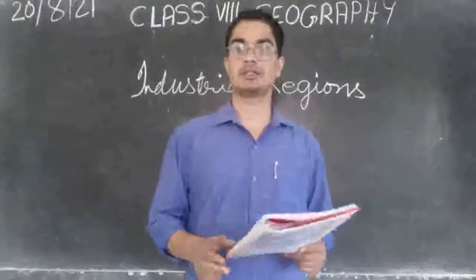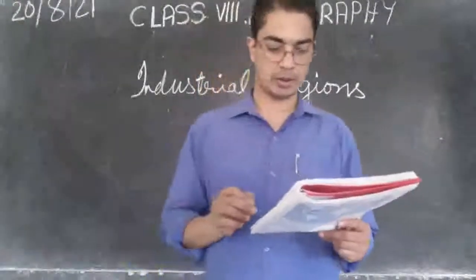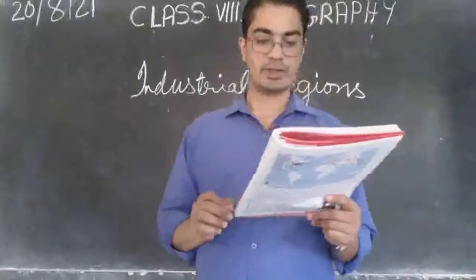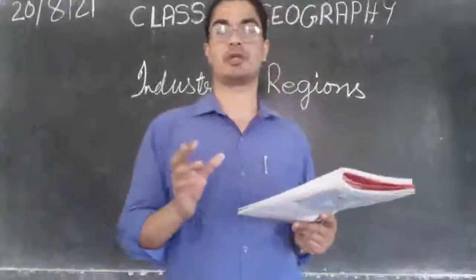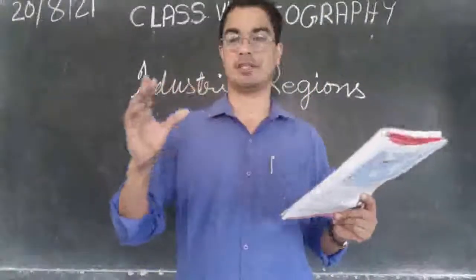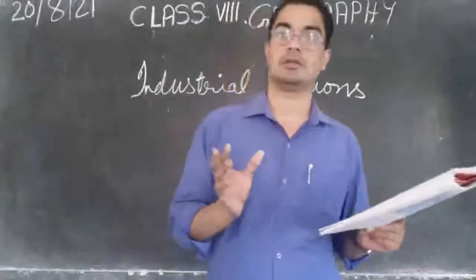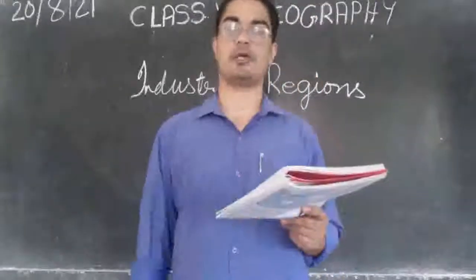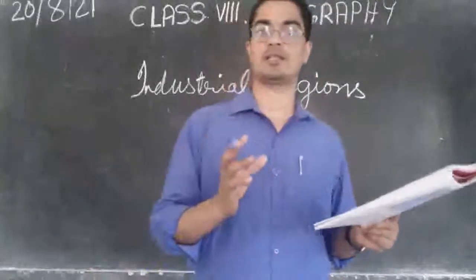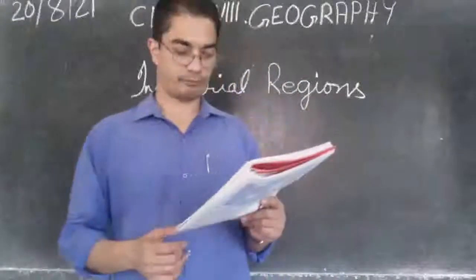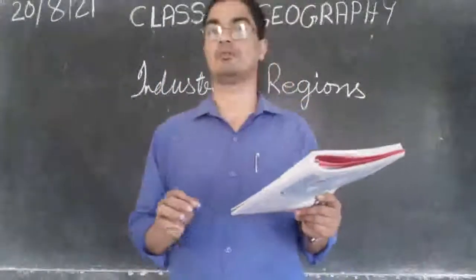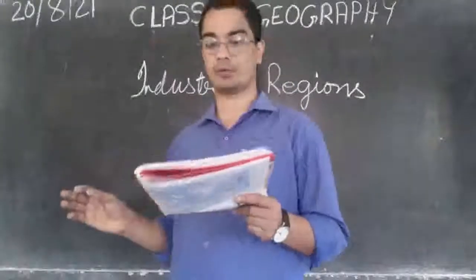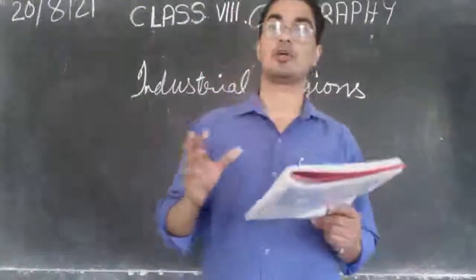Then major industrial regions in the world are Eastern North America. So in the eastern part of North America, many industries are there. That is because the facilities are available there. Many people go and start industries there. So also Western and Central Europe, there are also a lot of industries.